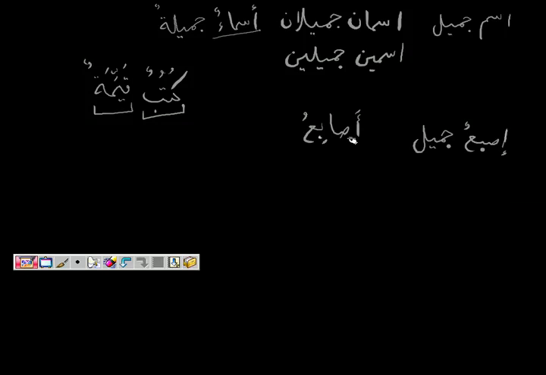Number 3, coming back to you. Baytun, and it's a huge house, so you can say kabirun and that's fine. Wasi'un would mean a wide or spacious house.